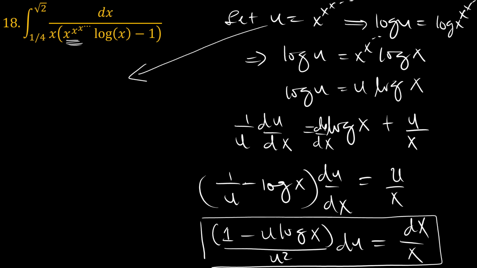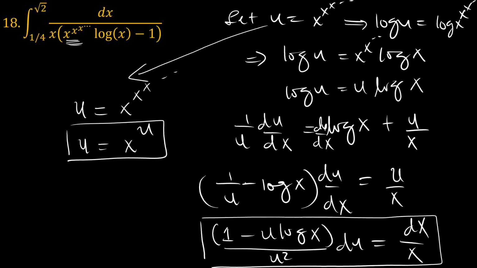So we have u equals x to the power x, which is the same as u equals x to the power u. Okay? When x equals a quarter, u equals a quarter, or let's express it in a way that is easy to appreciate. This is the same as 2 to the power negative 2.